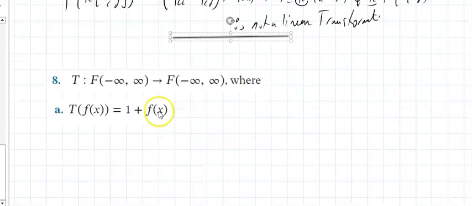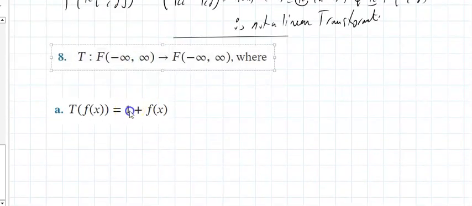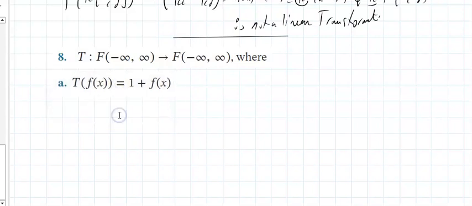Now, let's play with this a bit. This is going to be kind of fun. Suppose T maps a function from negative infinity to positive infinity into another function, negative infinity to positive infinity, no restrictions on those whatsoever. So T applied on f of x is 1 plus f of x. So if we take T applied on k f of x, that is 1 plus k f of x, right?